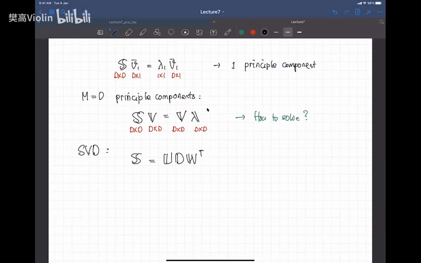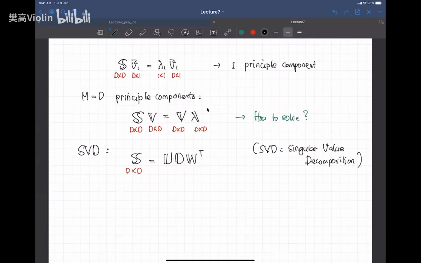SVD again stands for singular value decomposition. Okay. So if you use SVD, because this one is d by d, it's much simpler.